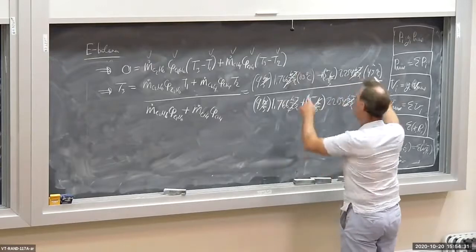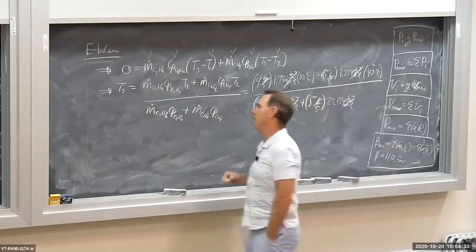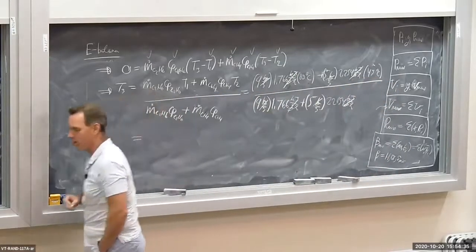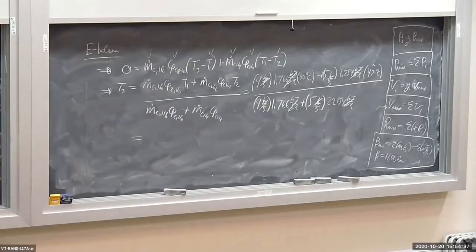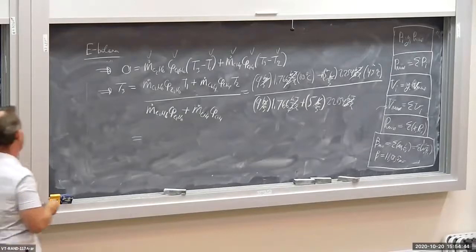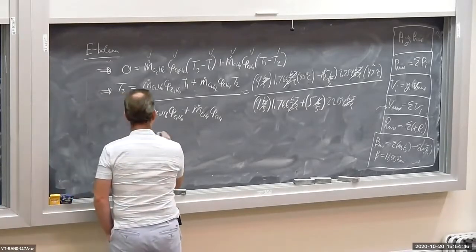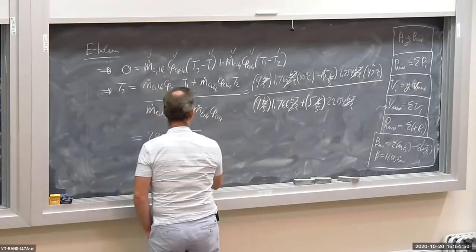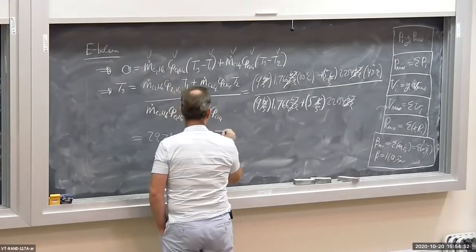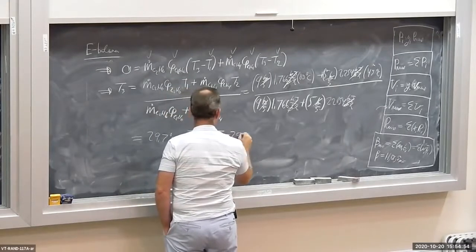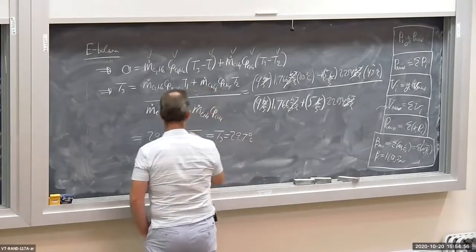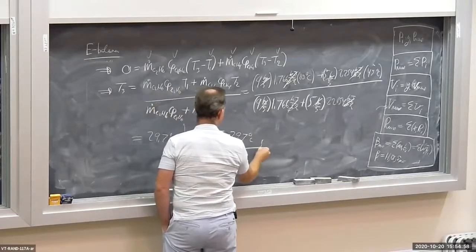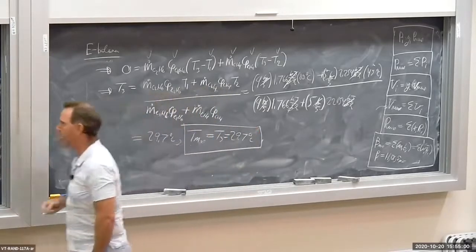And I'm left over with a temperature in centigrade. That final temperature is 29.7 degrees C. That's the mixture temperature. So the mixture temperature, which is T3, is 29.7 degrees C.